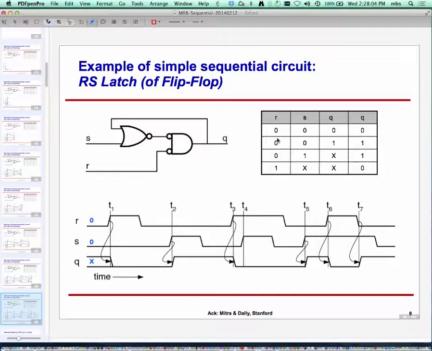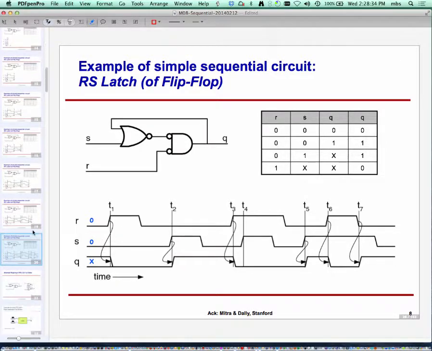Basically the bottom line is that even though we started out with a totally unknown value of Q, after that first reset, from that point on, Q has a specific value which, if the circuit is working correctly, we know precisely. Given any arbitrary waveforms for R and S, you can always plot out how Q will be changing.